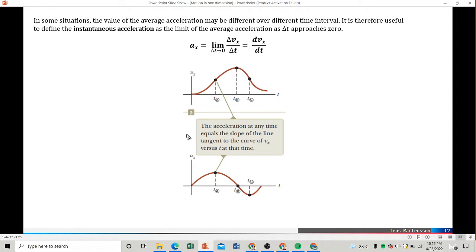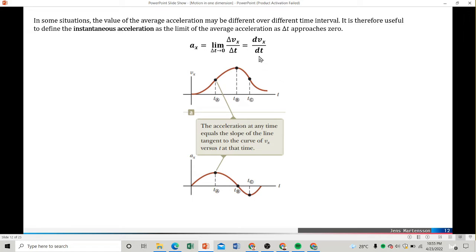The result is the derivative of the velocity function, or the rate of change. Here delta vx over delta t becomes dvx over dt.